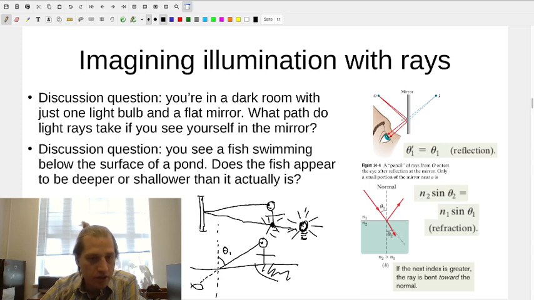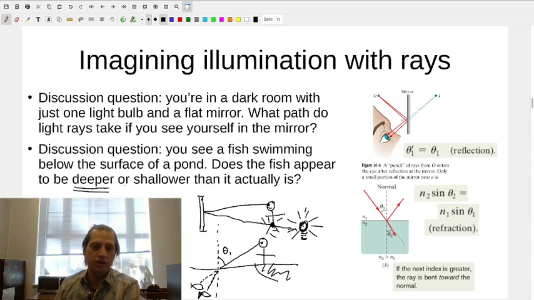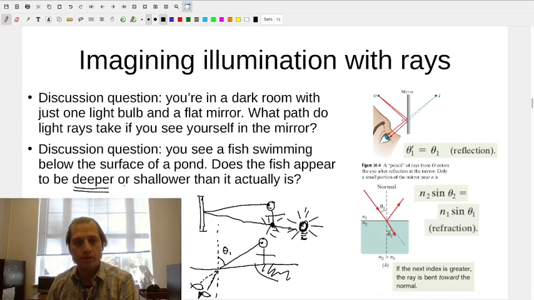So this light is actually traveling like that to get to your eyeball. And so the fish, it turns out, is actually deeper than you would expect. And from what I understand, people who get good at spearfishing, for instance, have to learn to accommodate for this. So they aim underneath the position where they would naturally just look for the fish.